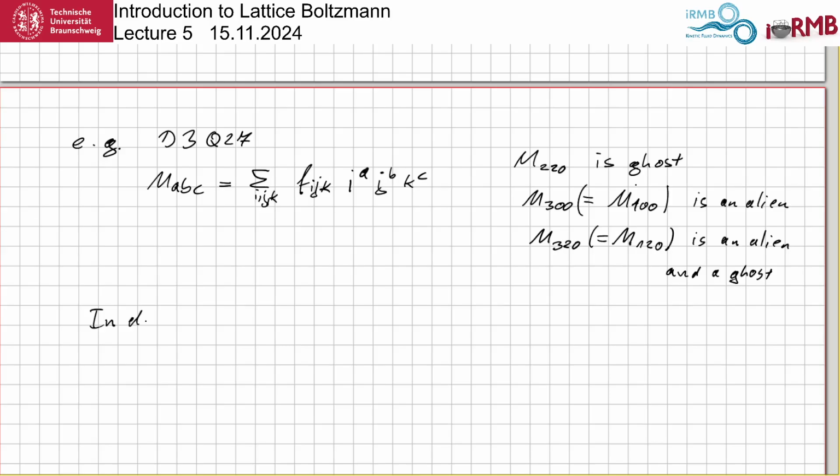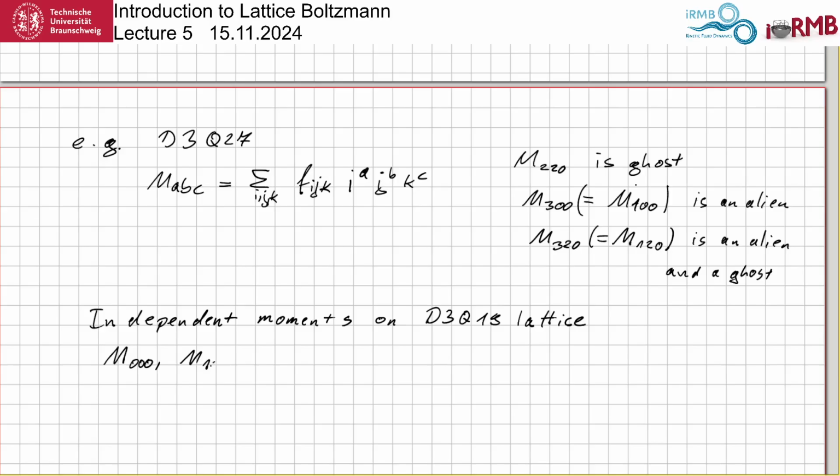Independent moments on another lattice. I'm sometimes asked how this is actually done. My answer would be look at it and you know, but this is not a satisfactory answer. So for the D3Q19 lattice, what independent moments do we have? There's an M00.